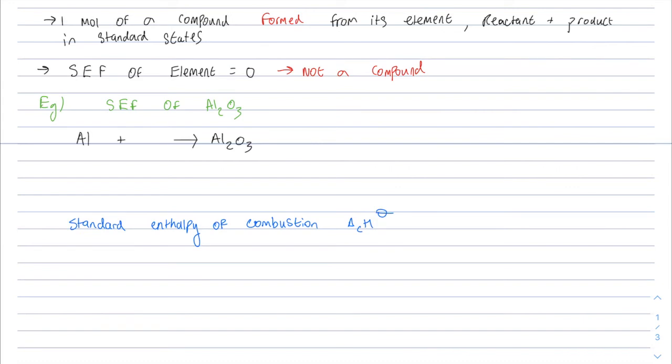Now, we know that we need aluminium and oxygen, and then the standard states. Aluminium is a solid, oxygen is gas, aluminium oxide is a solid. Now, looking at the right hand side, we can see we need 2 aluminium and 3 oxygens. So on the left hand side, we can put 2 in front of Al and 3 over 2 in front of O2 to then get the completed balanced formula of this.